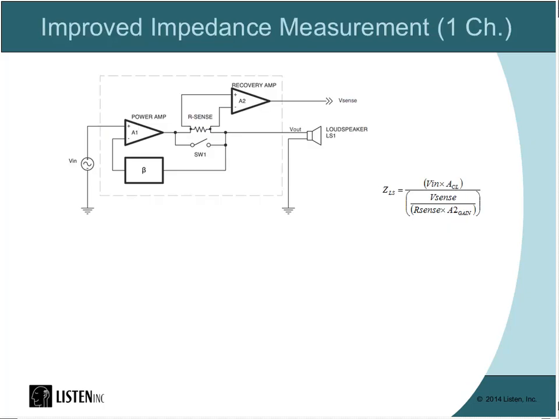So now I want to show you a technique where we can essentially eliminate some of the variabilities of the sense resistor. And what we do is, instead of having the sense resistor in series with the loudspeaker, we actually put it inside the feedback loop of the amplifier. So you can see it here now. This totally isolates it from the loudspeaker outside.